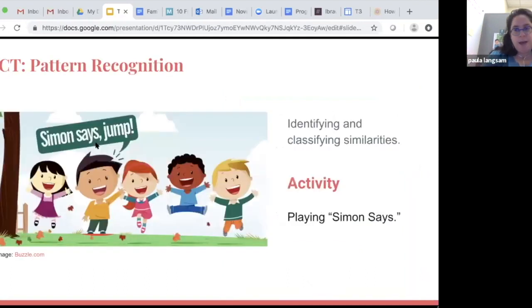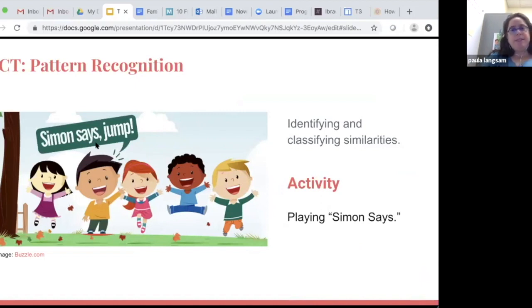Pattern recognition. We do this all the time with small children. It is a basic skill that we teach them. It's also related to math readiness. But beyond just having small children group blocks by color or size or type, there are ways that we can do it in our actions and playing games with them, like Simon Says.